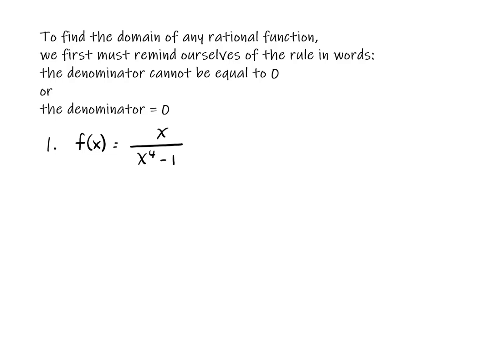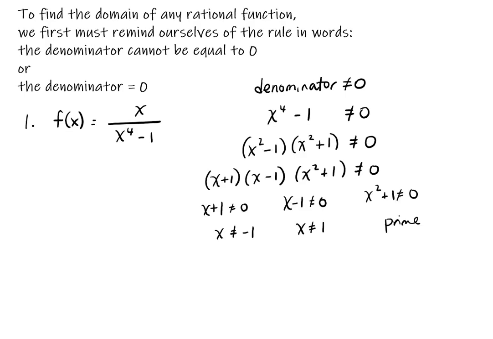Let's do question number 1 from the notes. It asks us to find the domain of the rational function f of x is x over x to the 4th minus 1. So once again, following the steps we put aside, we're going to write the rule, and there's the rule in words, and then we're going to replace the denominator with the actual denominator from this question, which is x to the 4th minus 1, and then we're just going to solve by factoring.